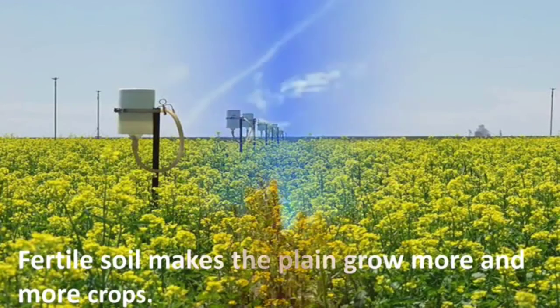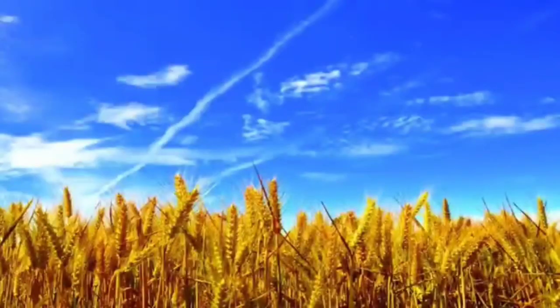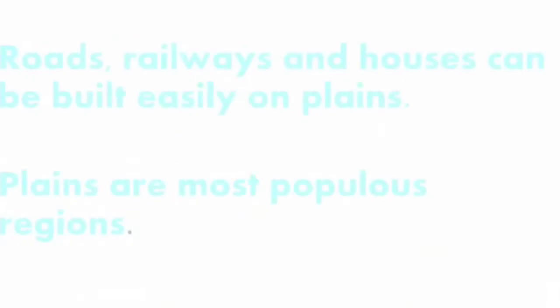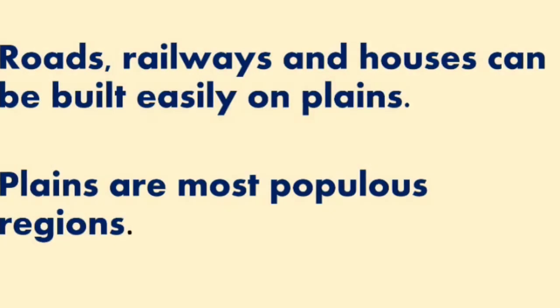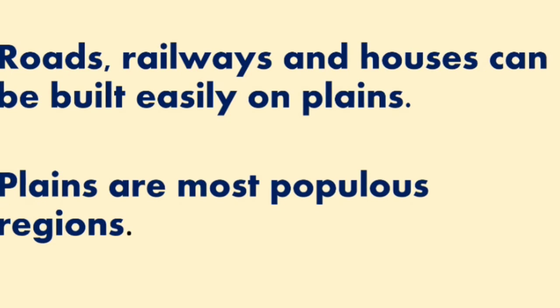The plain gives support to roads, railways, and houses. Because they are flat grounds, they are the most populous regions where you can build structures. People can live mostly on the plains, unlike the mountains.